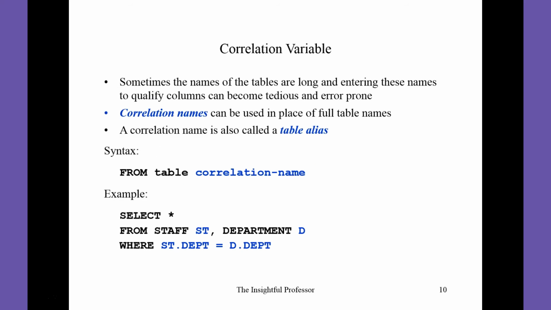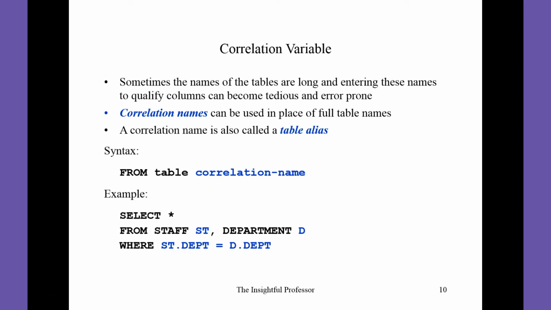Sometimes the names of the tables could be rather long, and entering these names to qualify columns can become tedious and error-prone. So we have something called a correlation name or a table alias that can be associated with a table and then used to qualify the columns. A correlation name is introduced in a query and is associated with a table name in the from clause.